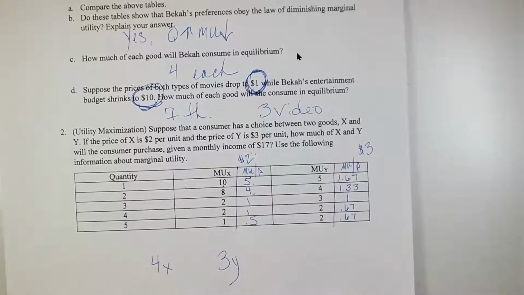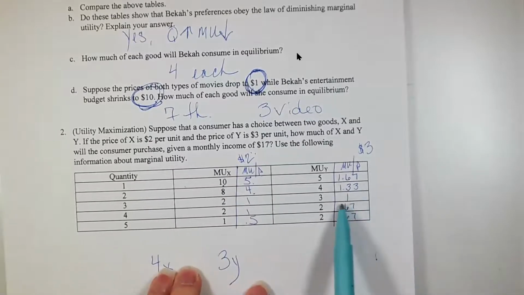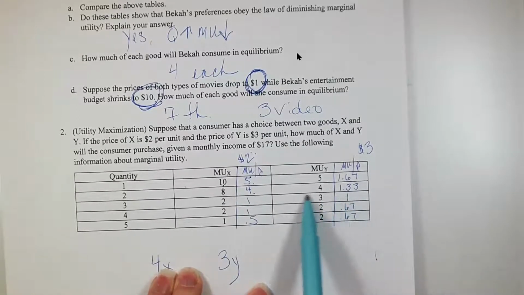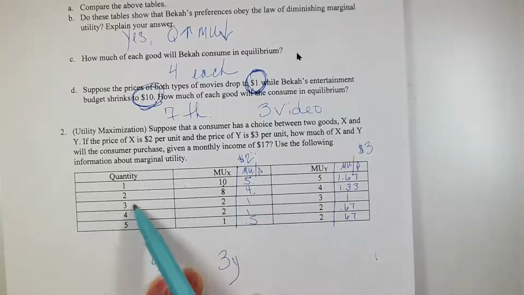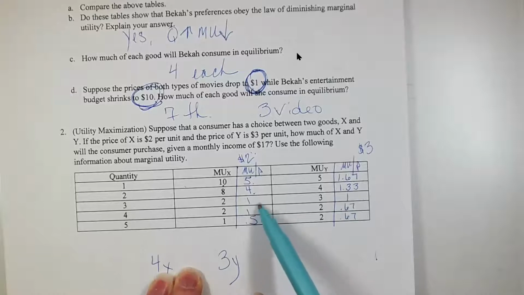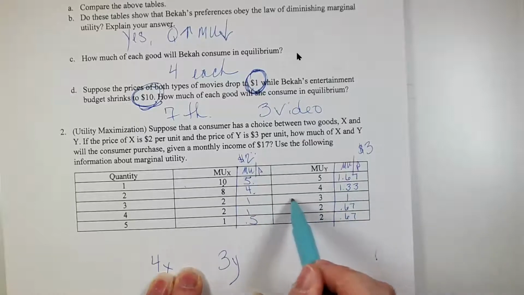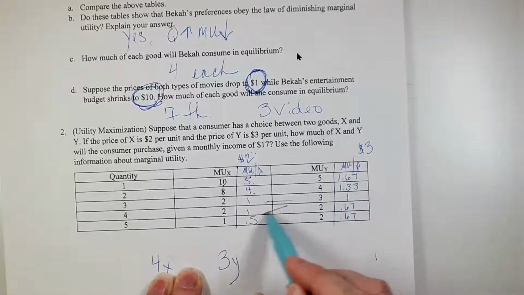But Bryce, it's important to recognize that this one over here can match up with either 3 of good X or 4 of good X, because these are both ones. So we would have wanted to test this to see if it exhausted our budget, and then test this one.